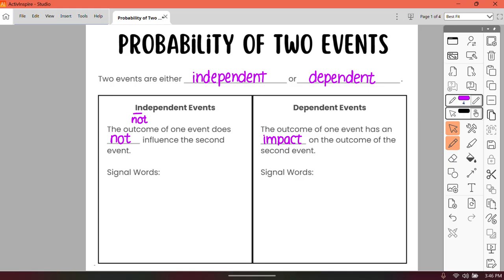All right, for independent events, there are some signal words that will help you decide that what you're looking at is independent. If the problem involves a coin or a spinner of any type, it is automatically independent, with one small exception of spinners that we're not going to get into. But on a typical spinner or a typical coin, after you use it, the piece that you got doesn't disappear, right?